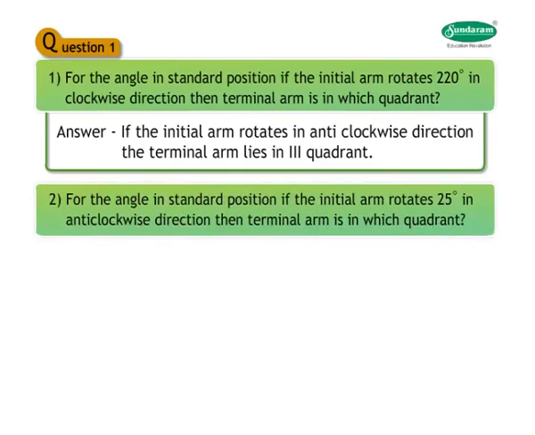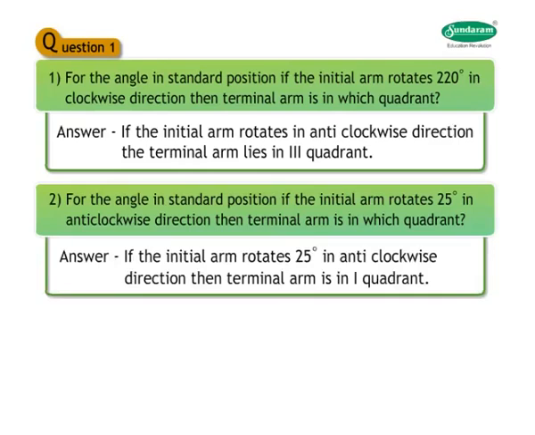2. For the angle in standard position, if the initial arm rotates 25 degrees in anti-clockwise direction, then terminal arm is in which quadrant? Answer. If the initial arm rotates 25 degrees in anti-clockwise direction, then terminal arm is in first quadrant. 3.